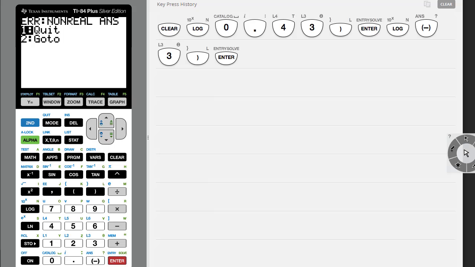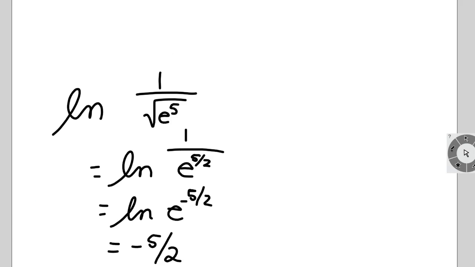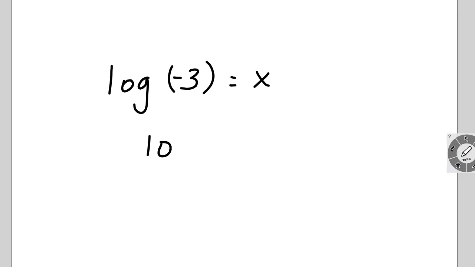So when we talk about log of -3, let's look at it. Okay, so this says, let's say it's x. What do I raise 10 to in order to get -3?